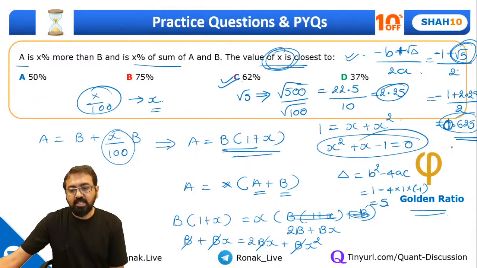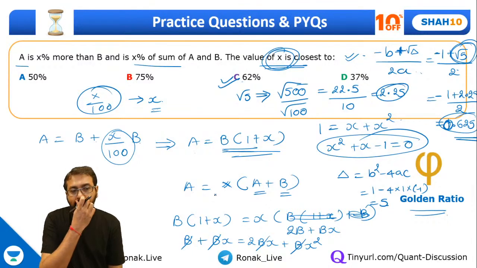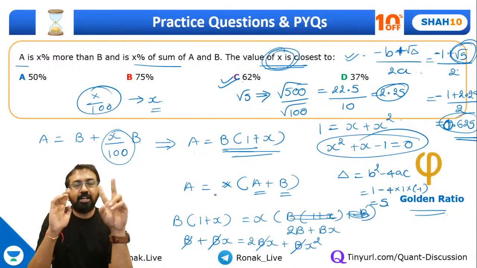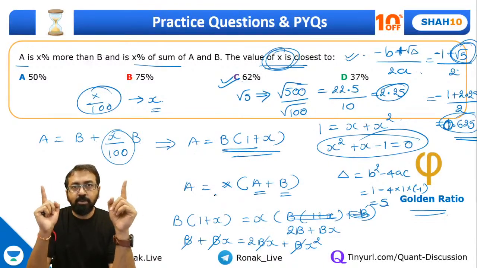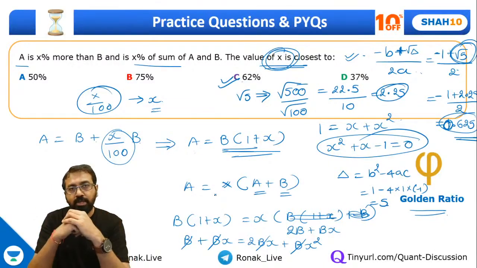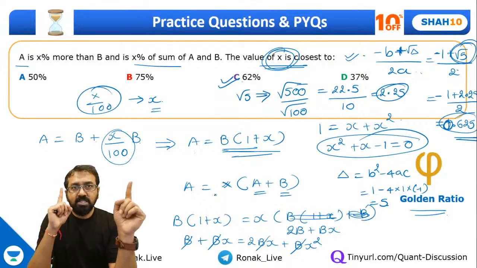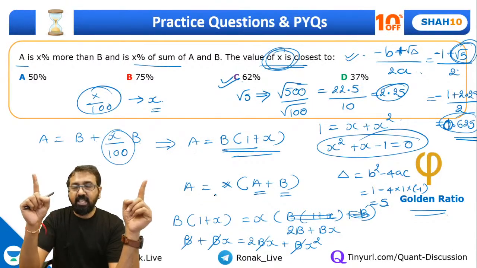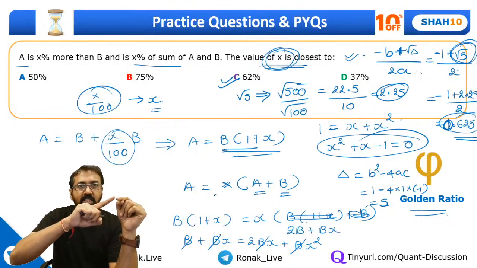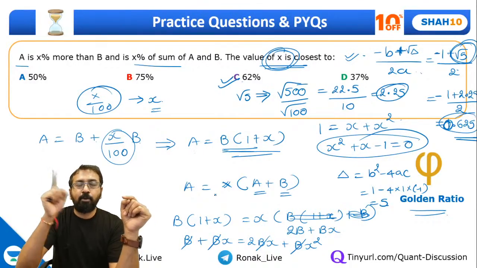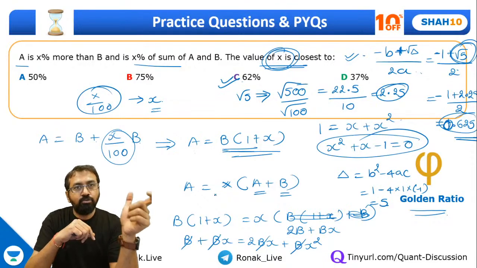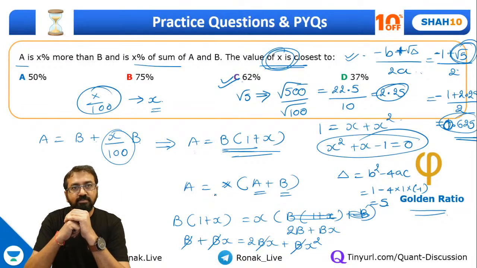So this is nothing but the golden ratio, right, everyone? The golden ratio is: if there are two numbers A and B, listen to me carefully, then once again I'll come back to this question. If there are two numbers A and B where A is greater than B, then A upon B should be equal to A upon A plus B. If this happens, then you can say it's a golden ratio.